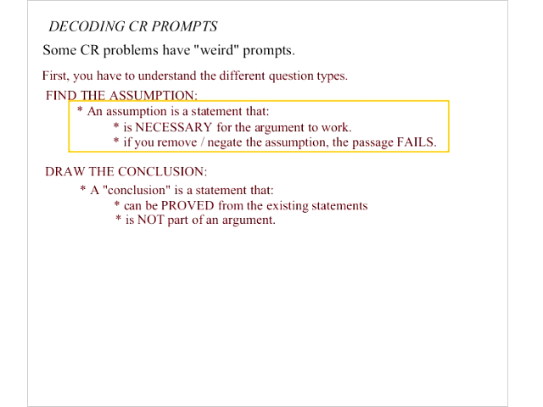A lot of people confuse assumption and conclusion questions. The main difference is, they're both some sort of guarantee. Like an assumption, you need the statement, and a conclusion, you can prove the statement.